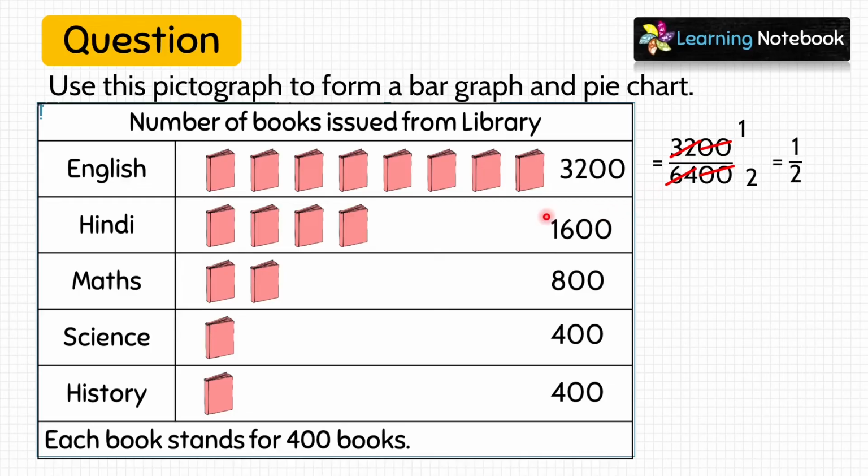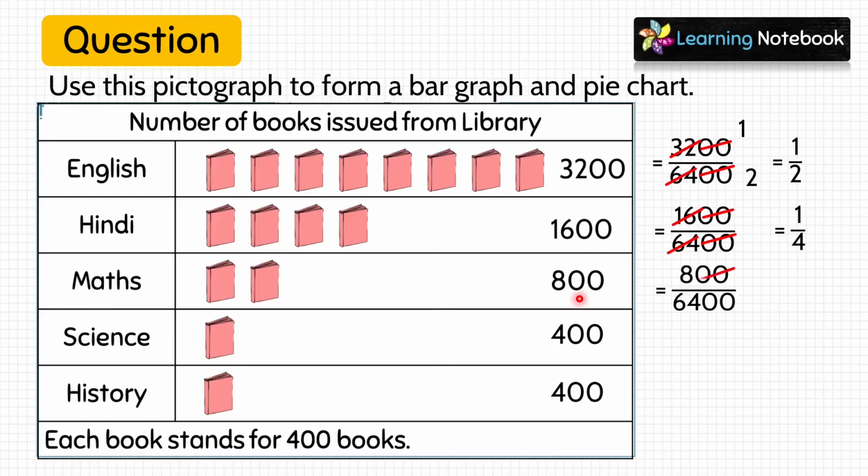Now, for Hindi books, fraction would be 1600 upon 6400. Again, simplify this and we get the fraction as 1/4. Next, let's find the fraction for maths books. 800 upon 6400. Simplify it and we get the fraction for maths book as 1/8.